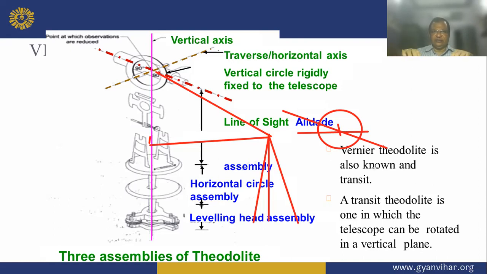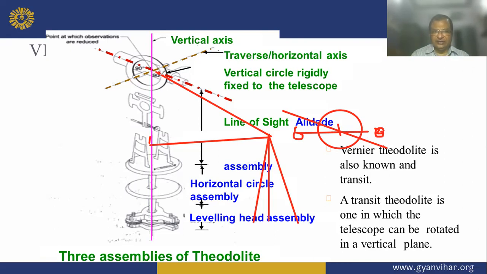First, you will set the one place of this at the 0, 0. This is the 0. This is your telescope, and you fix this clamp.